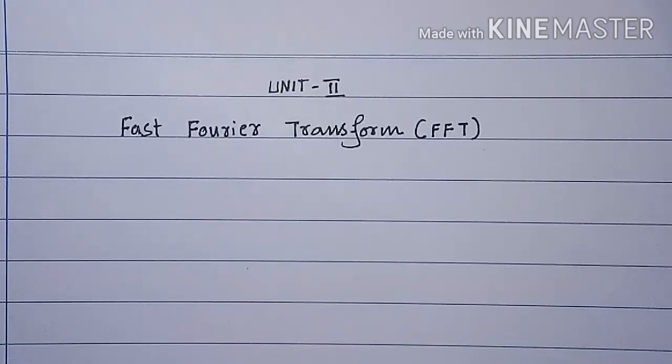You know that if number of calculations are reduced, then the time required for calculation also reduces. Because of reduction in time required for calculation, the process of computation of discrete Fourier transform becomes faster. Hence, these algorithms are called as fast Fourier transform algorithms.